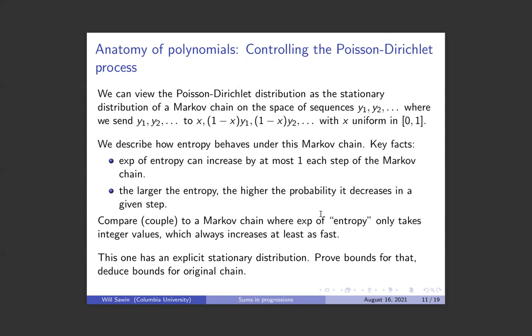We get an explicit formula, and then we can easily calculate the probability of being greater than a particular value. So using that bound, that gives us this weird function of L, and then we use that to bound our original chain, and we plug that in, and it gives us this error term.